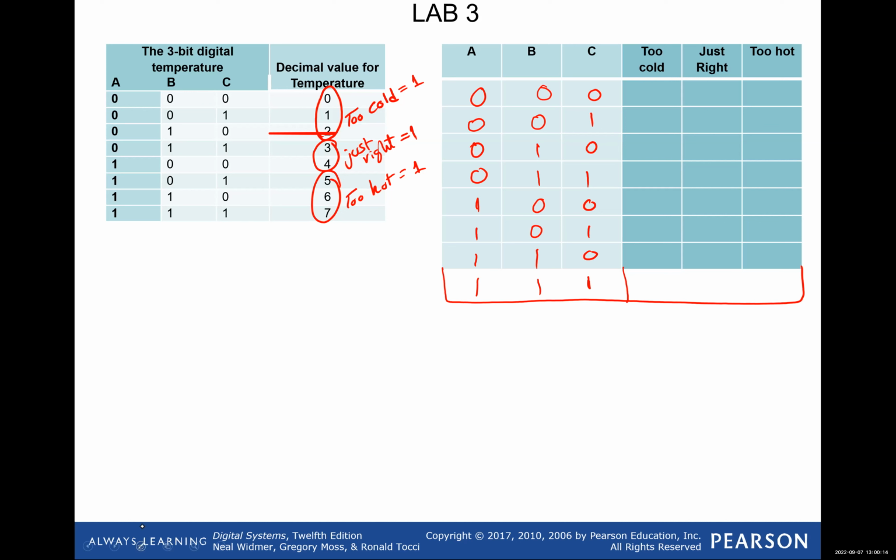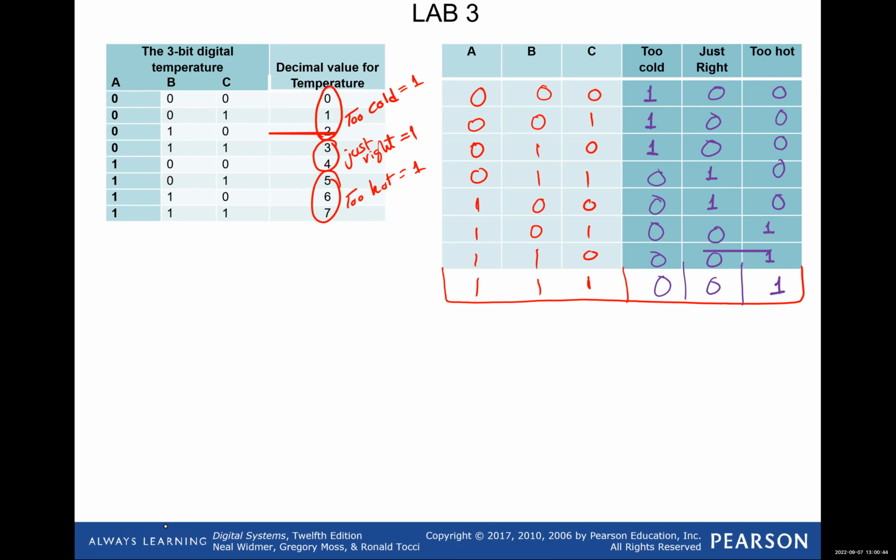So now for the too cold, it's going to equal 1 at these 3 positions where the value is equal to 0, 1, or 2. In the just right, it's going to be 1 here. And in the too hot, it's going to be those 3 here. Okay, so it means that all the other options are going to be zeros.